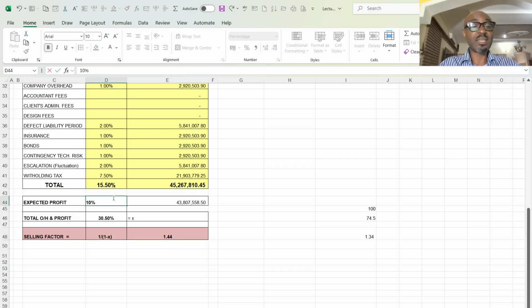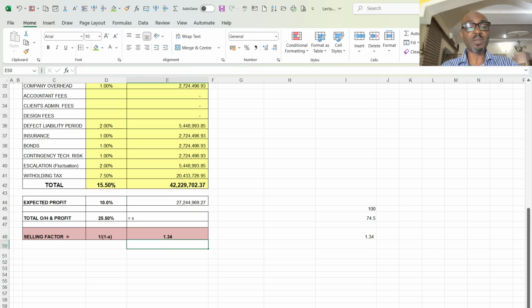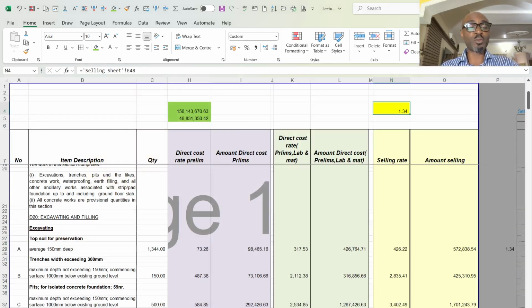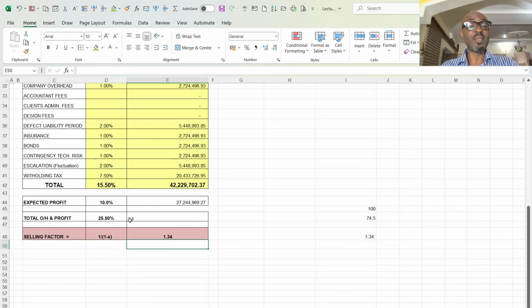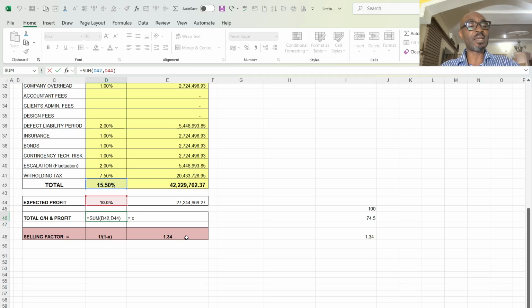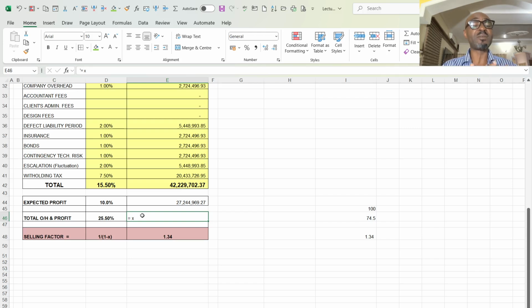Formerly here was 10%, and that was why your factor is 1.3, and that's why you saw 1.3 here. So the summation of your two factors, your profit margin and your overhead, gives you your 25.5%. Then your 25.5% becomes your X. Then you use this formula to get your multiplier that will multiply with the direct rate to give you your selling rate.